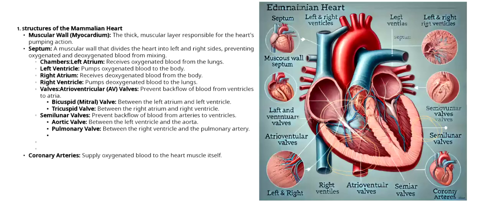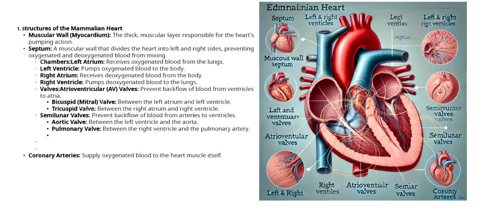When the right atrium contracts, it pushes the blood into the right ventricle, and because of the tricuspid valve, backward flow of blood is not possible when the ventricle contracts. On the other hand, on the left side, the bicuspid valve is present, which is also known as the mitral valve. As you see, the mitral valve is between the left atrium and the left ventricle, and it also prevents the backward flow of the blood.